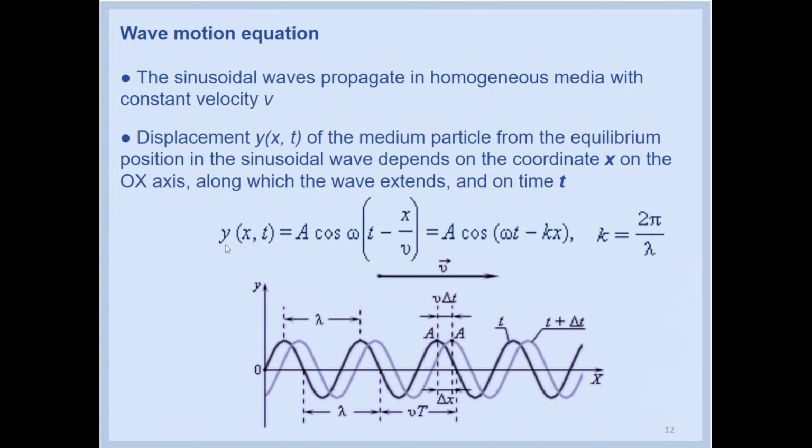So the y coordinate of the particle in the space crossed by the wave depends on its distance from the source of the wave and time. It is a function of two parameters. And you can see this wave equation using this analytical formula.